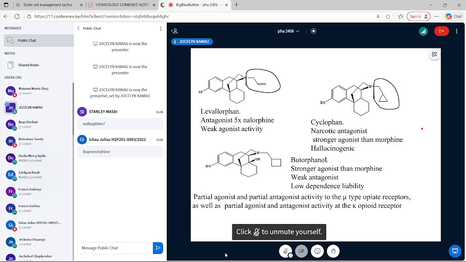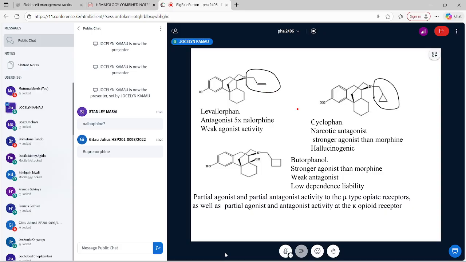Remember, we did so when we were looking at morphine and analogs, and when we introduced large groups here, like naloxone and naltrexone, we made the compounds antagonists. Or some of them, when we introduced this group in morphine, we got nalorphine, a mixed agonist antagonist.